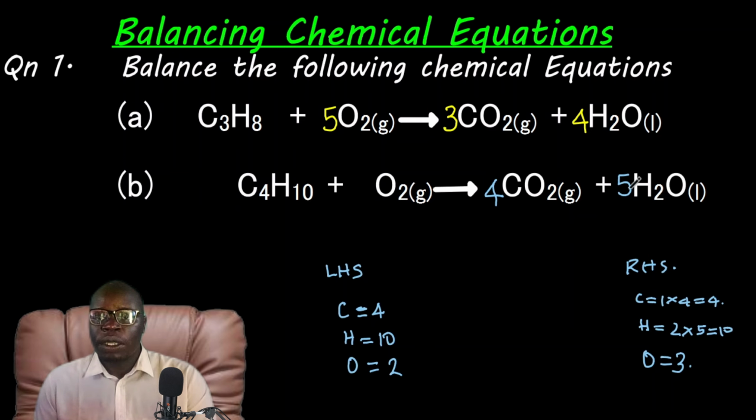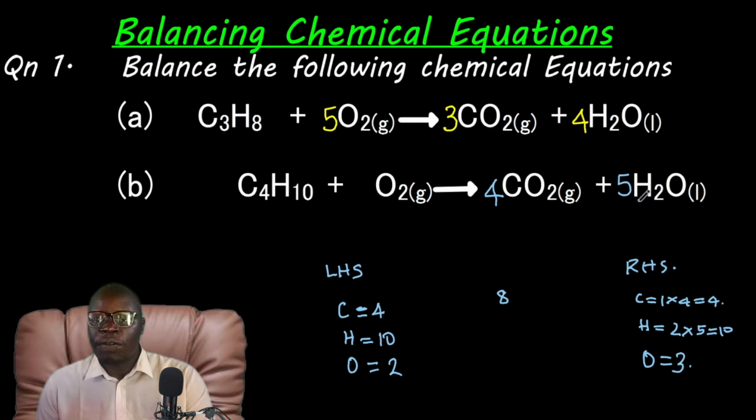Now, placing 5 and 4 in front of water and carbon dioxide gas respectively has created a problem for the number of atoms of oxygen on the product side. So let's identify the new number of atoms of oxygen on the product side by multiplying 4 by 2, making 8.